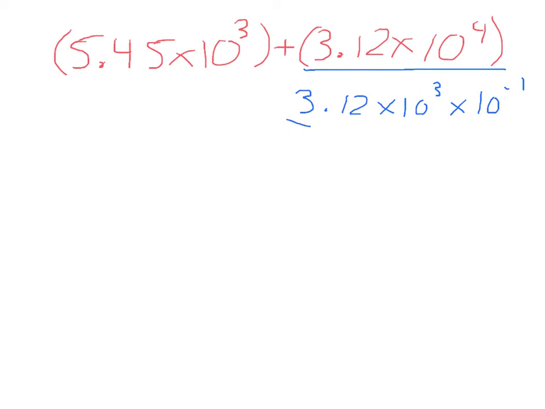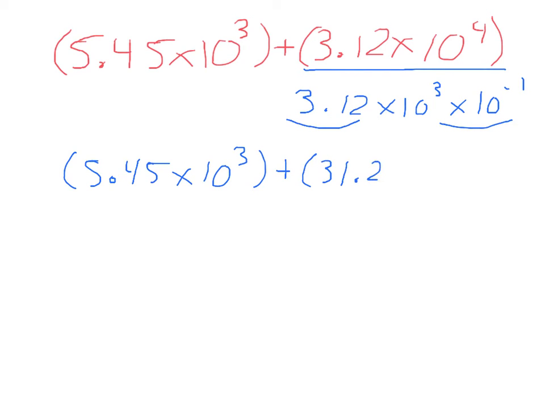And if you think about taking this and this together, that just makes, and we'll write it all out again, 5.45 times 10 to the third plus 31.2 times 10 to the third. Because the negative 1 tells me to move the decimal one place to the right. Well, now that I have that done, I have two terms.